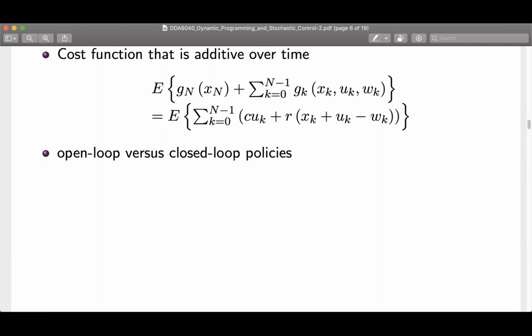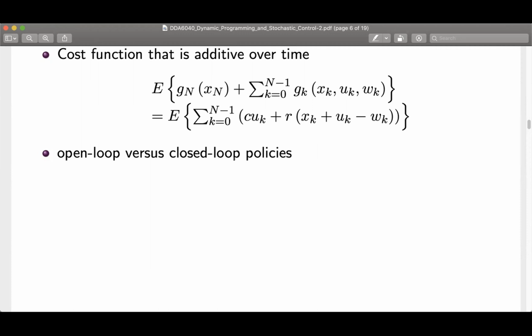You can postpone placing the order until the last possible moment k. At time k, when the current storage stock x_k is known to you, then you choose u_k.